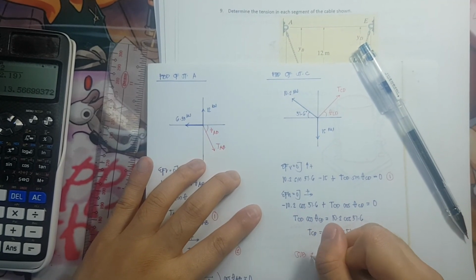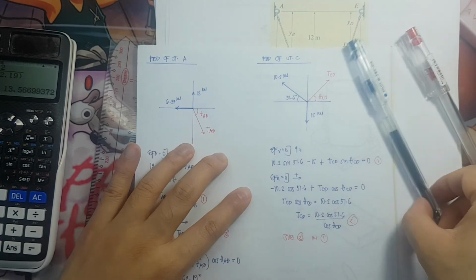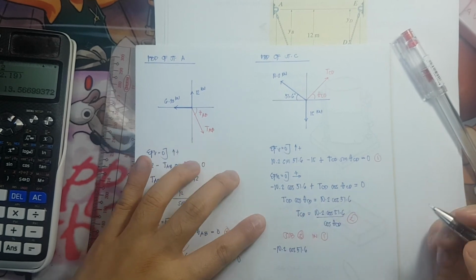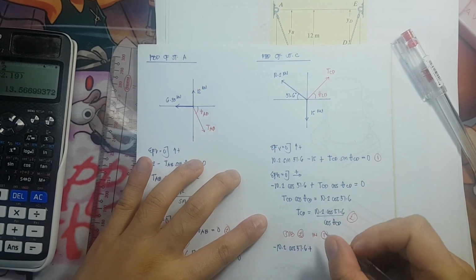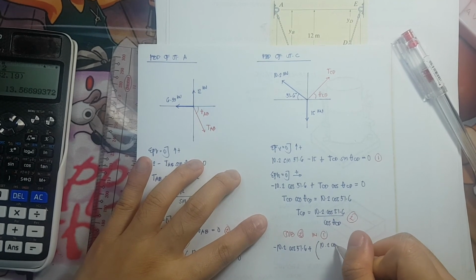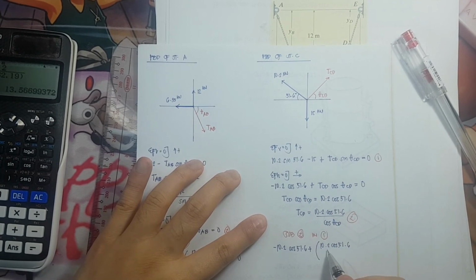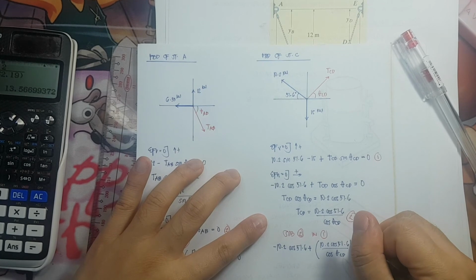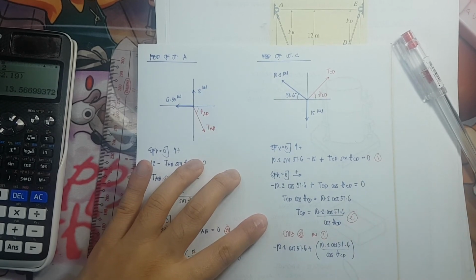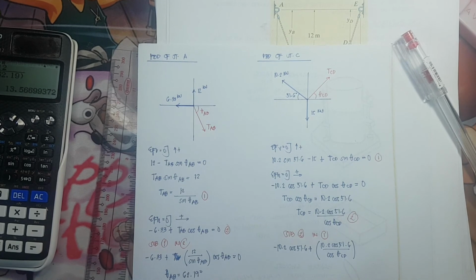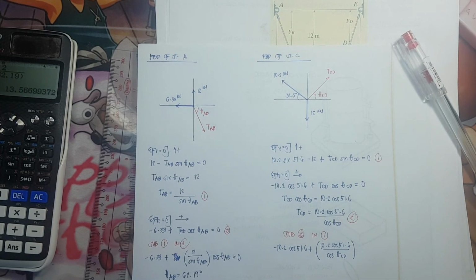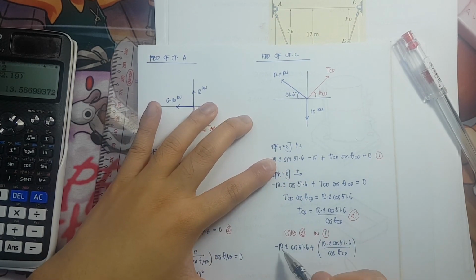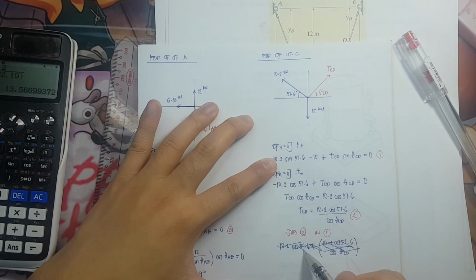So substitute equation number 2 in equation number 1. We will be having negative 10.2 cosine 51.6 plus, what is TCD? Oh, error, it is not this, it is this one.